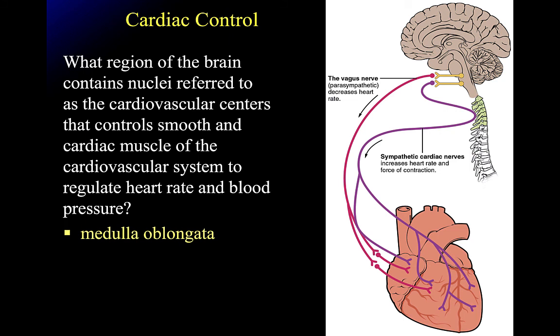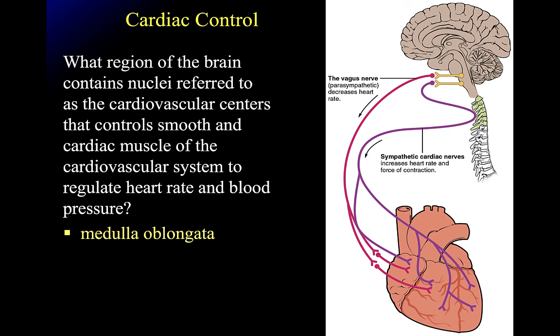Now, we do also have some control within the medulla oblongata. In particular, we think about the cardiac control. So the region of the brain that has nuclei called the cardiovascular centers, which is going to control smooth and cardiac muscle, smooth muscle of course, vessels, and the cardiac muscle of the heart.